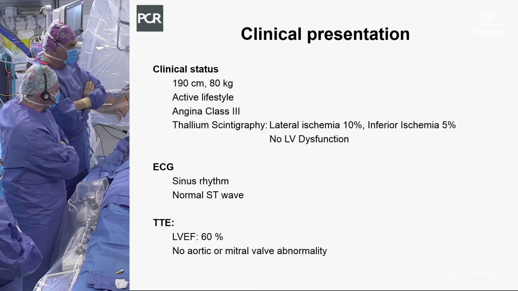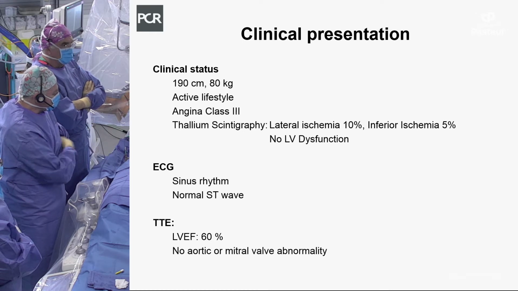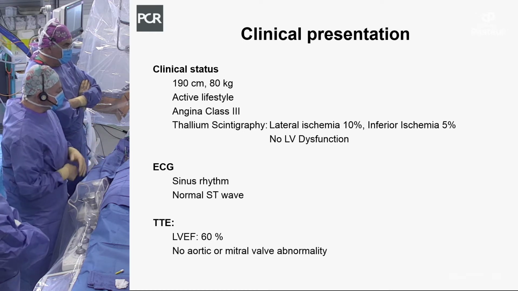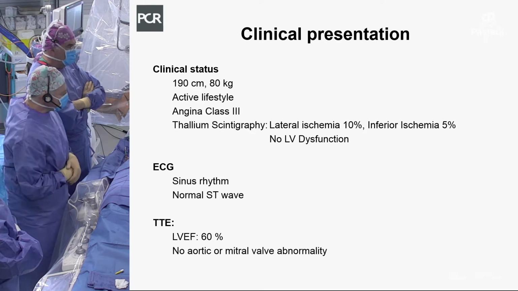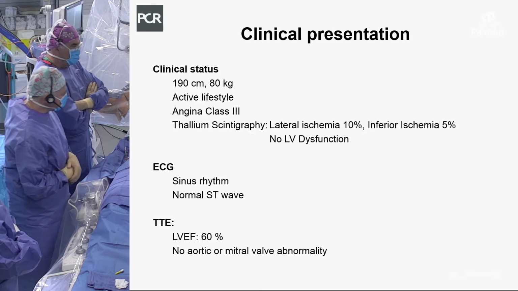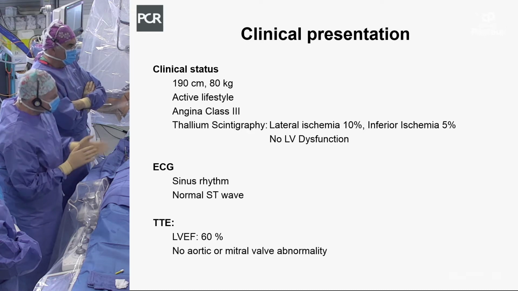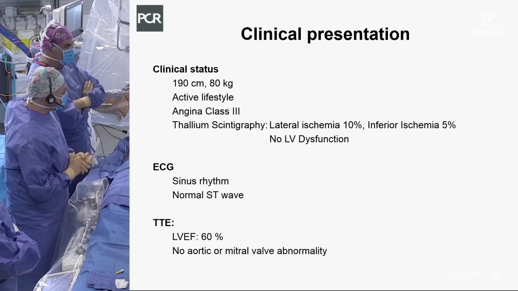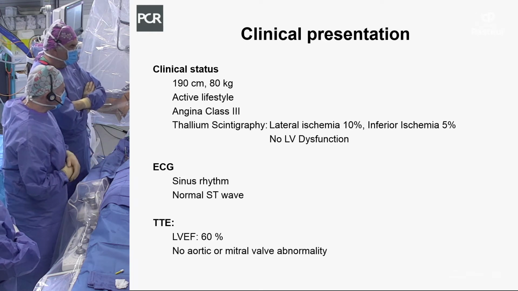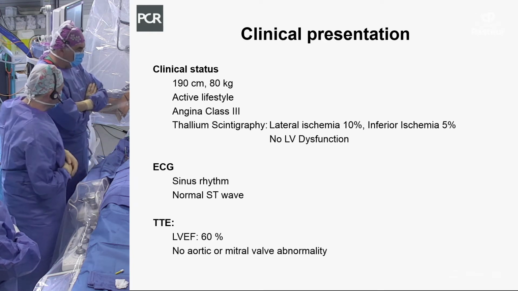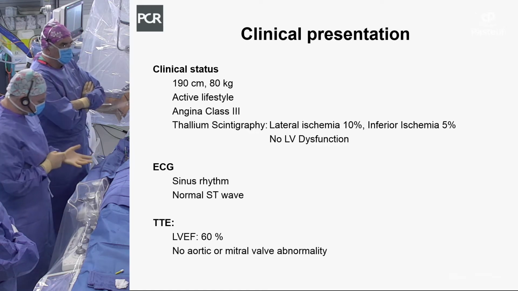He's quite active, and he was referred for some recurrence of angina, and he was evaluated previously to the angiography by thallium scintigraphy, which showed some lateral ischemia, 10% of the myocardium, a minor ischemia in the inferior wall, 5%, but there was no LV dysfunction. The ECG is normal. The transthoracic echo also is normal with an ejection fraction of 60%.